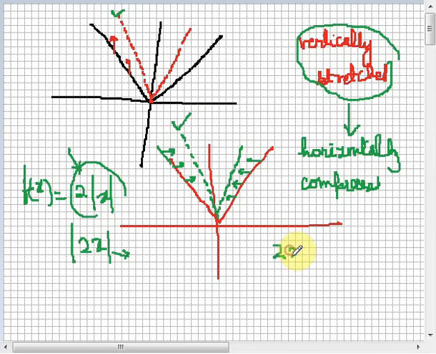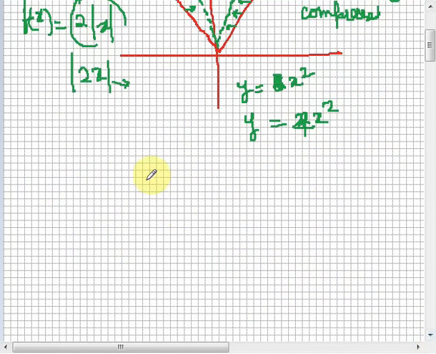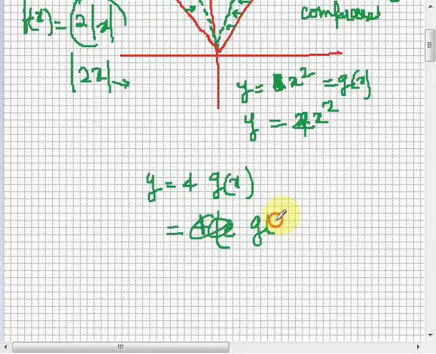Suppose the function is x square. Now our output function is 4x square. Then it can be written y is equal to 4 into the original function, suppose it is g(x). It can be written 4 into g(x), or it can also be written 4 into g(2x).